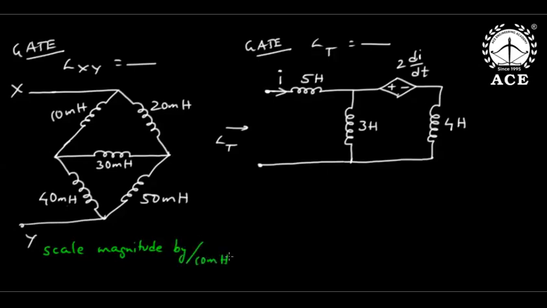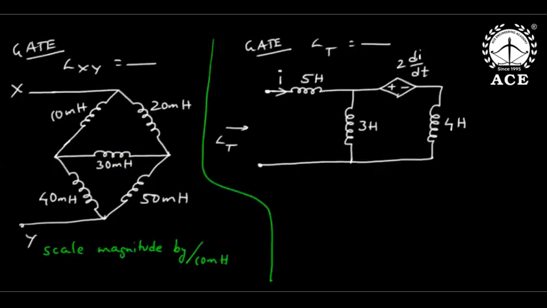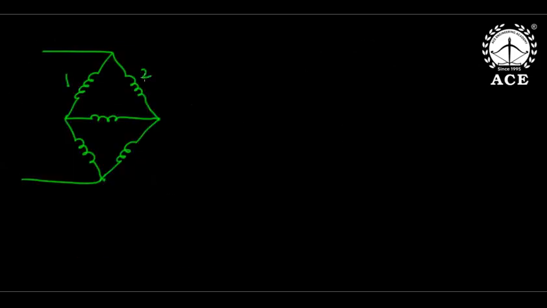Then what happens if you do that? Yes, this left side problem I will do. Then this becomes simply 1 henry, because you are dividing by 10 milli. 2 henry, 3 henry, 4 henry, 5 henry, like that it will become.